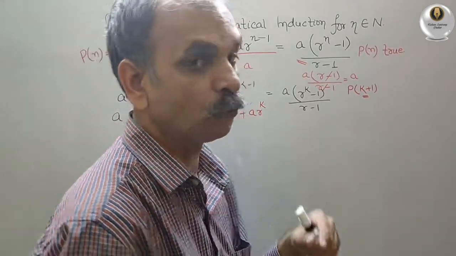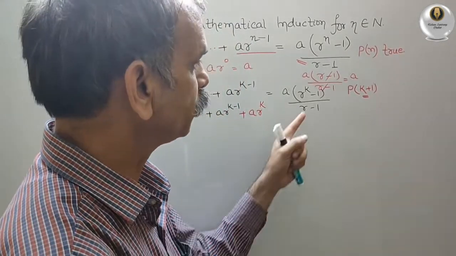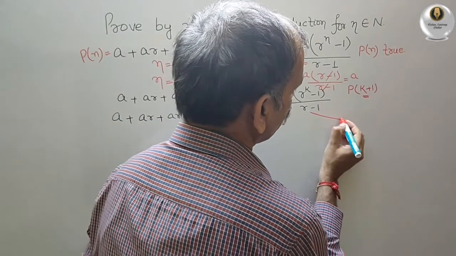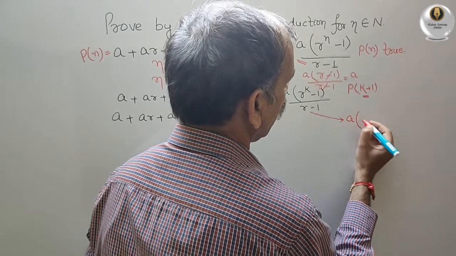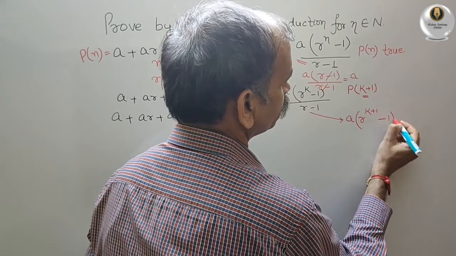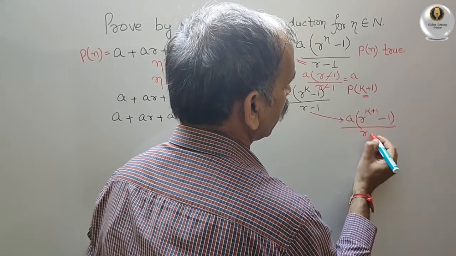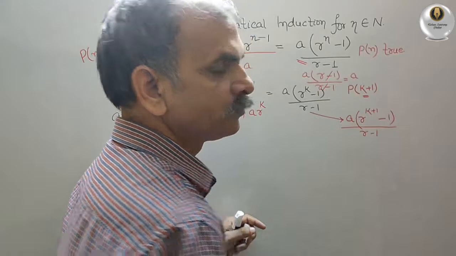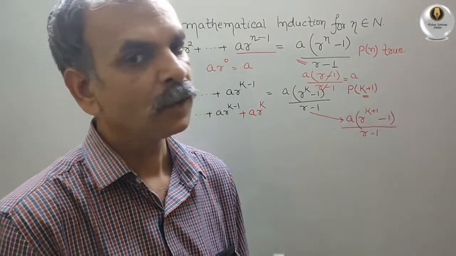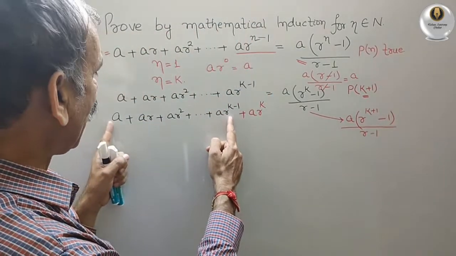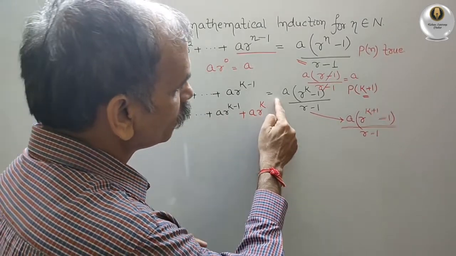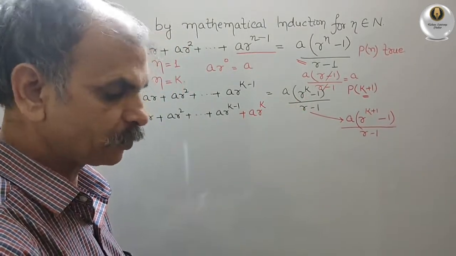And if you put the value k plus 1, what you should get? So here you will get a (r^(k plus 1) minus 1) by r minus 1. This you should get, if it is true, by solving your LHS. But we know that all that we have written in black letters is equal to this value. Just substitute it.